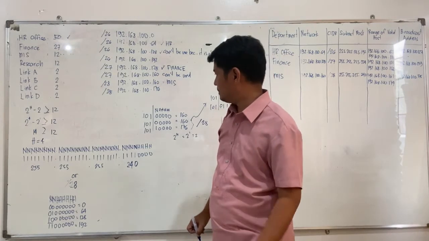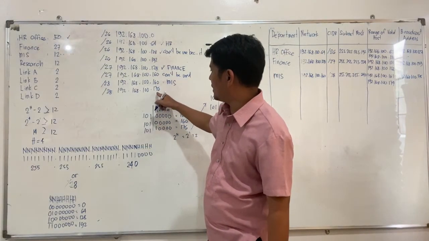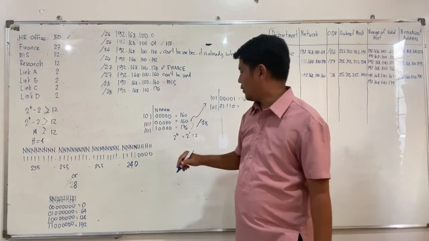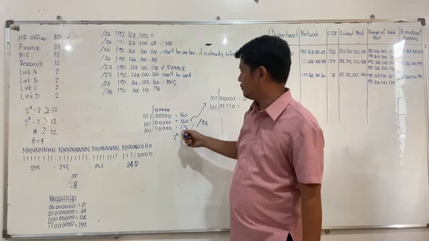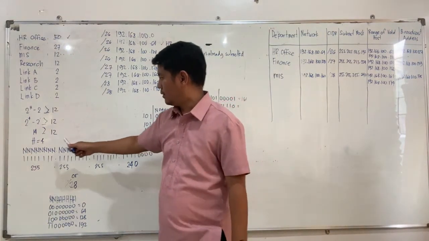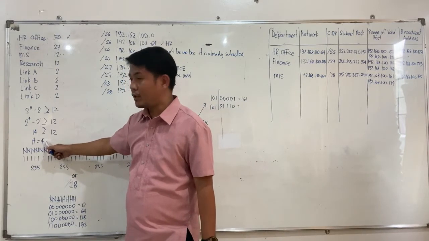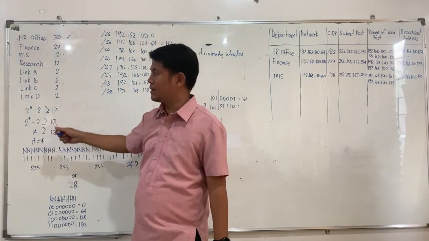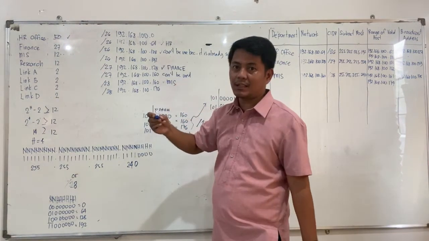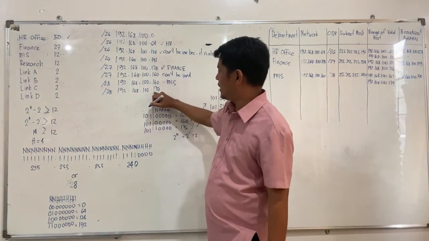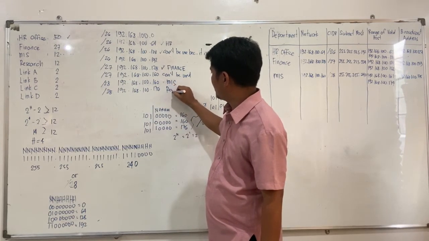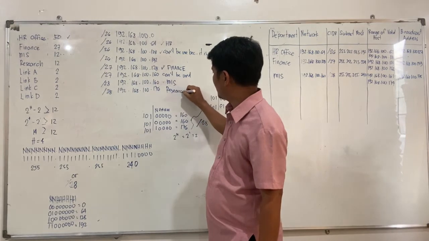Basically, we can use the 176, because 176 also only needs 4 host bits, the same as the MIS department. So you can directly assign the network 176 to your research department.